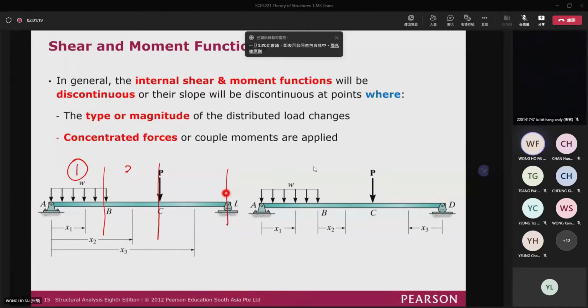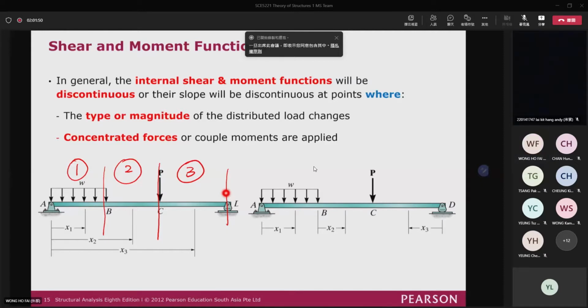Then we need another function to describe the change of the shear at section 2, and another function to describe the change of the moment at section 2 as well. And then we need a third function to describe the change of the shear and the moment at section 3. So in total there will be 3 functions for shear and 3 functions for moment for this particular beam.